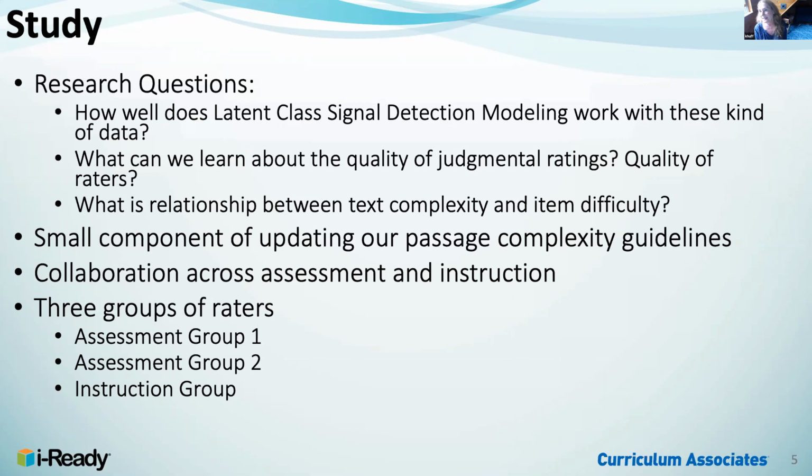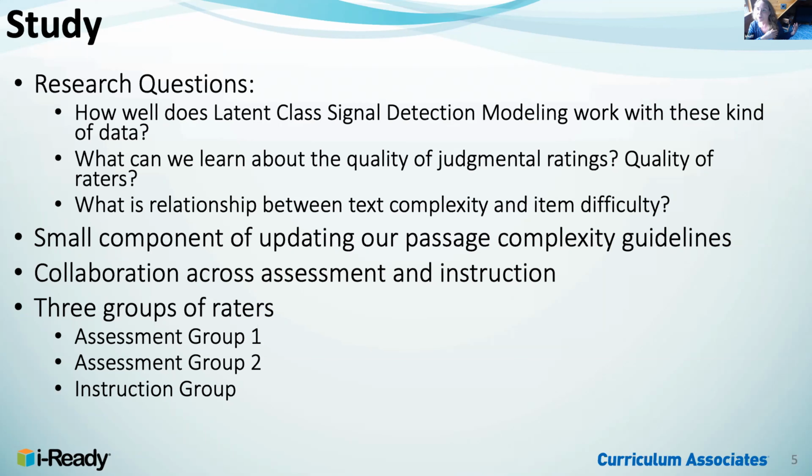And then finally, and this is a really interesting area of research, what is the relationship between text complexity and item difficulty? This is an important concept in test development, because if you're using an IRT-based model, you want your items to line up on the scale in predictable ways that give the intended meaning to your scale interpretations.